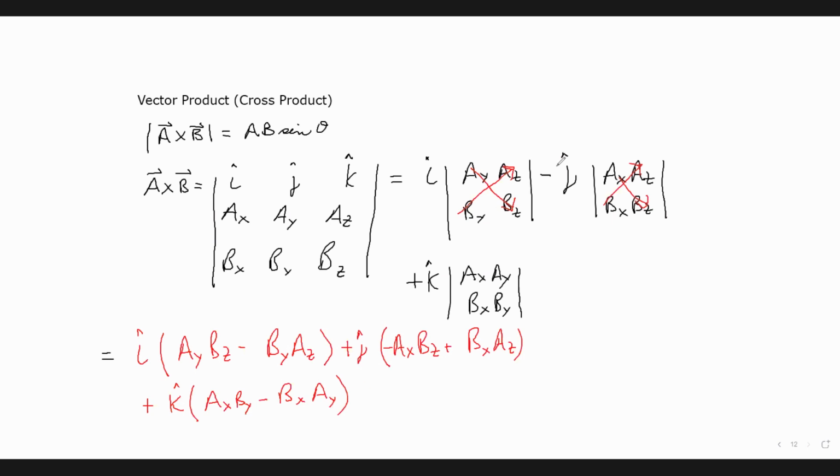See, this minus sign reverses the order. So the minus sign, AX times BZ, and that's what I've got, minus AX BZ. That minus sign is irritating, I admit.